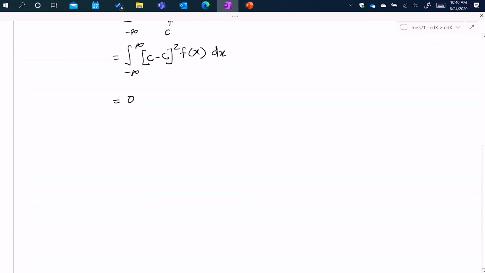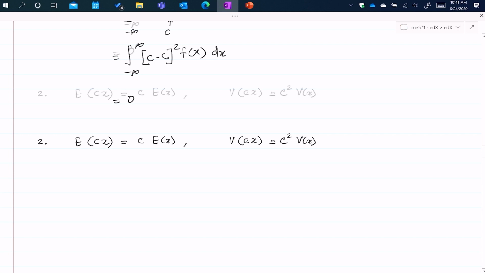Let's move on to the second relationship. The expected value of a deterministic constant c times random variable x is equal to c times the expected value of x, and the variance of c times x is c squared times the variance of x.